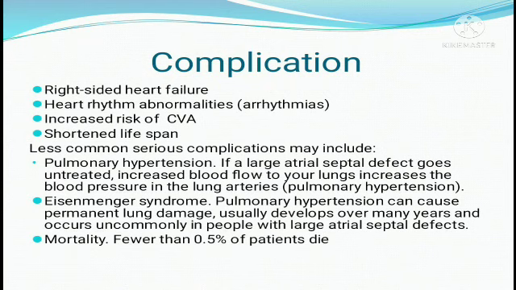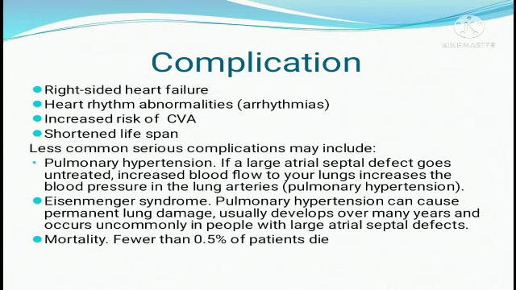Now we'll see other complications. Complications of ASD if we are not treating the children with ASD and if we are leaving the child naturally. So right-sided heart failure can occur, abnormal rhythm can develop, and because a clot can develop, CVA can occur. A clot can form and dislodge anywhere in the body, and CVA can develop, and shortness of breath.